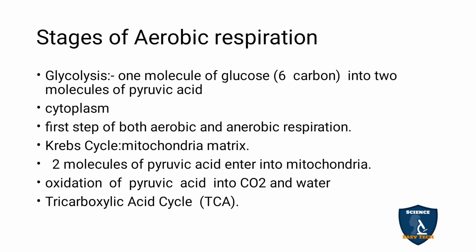It takes place in the cytoplasm of the cell, and it is the first step for aerobic and anaerobic respiration. This glycolysis process was discovered by three scientists: Embden, Meyerhof, Parnas.